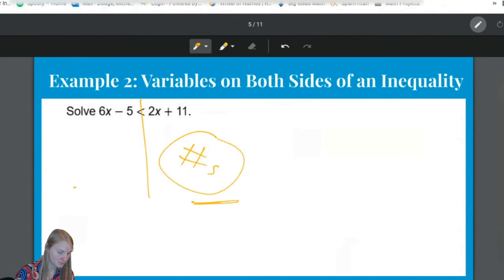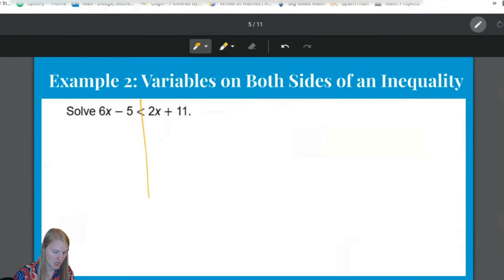Okay. So, if I want my x's on this side, I am going to need to move this 2x over here. In order to move this 2x, I need to do the opposite of positive 2x, which is negative 2x. So that undoes this, and it's gone. It's off of this side.